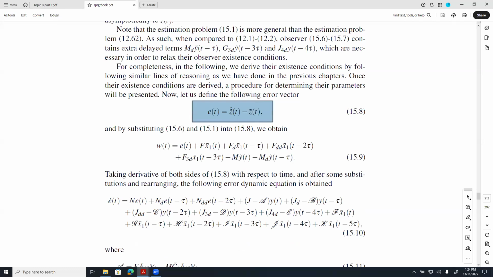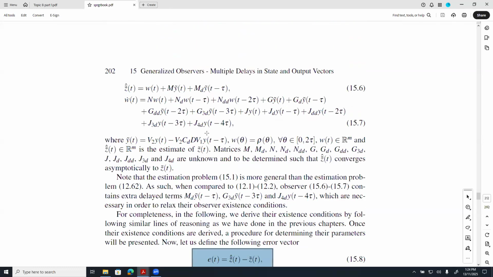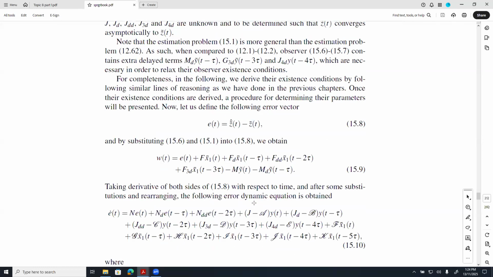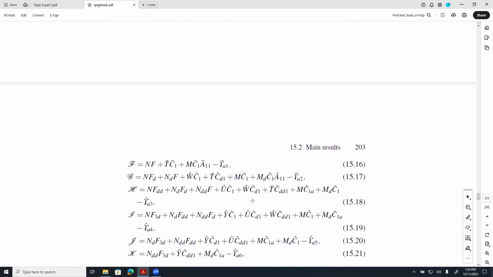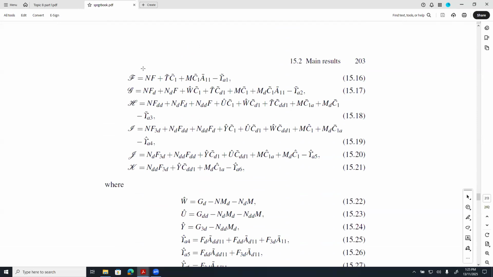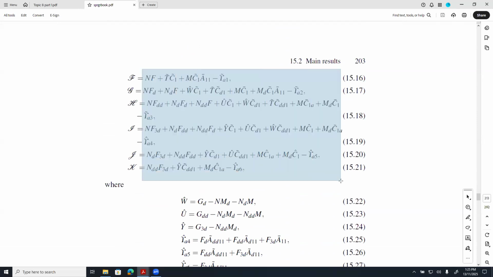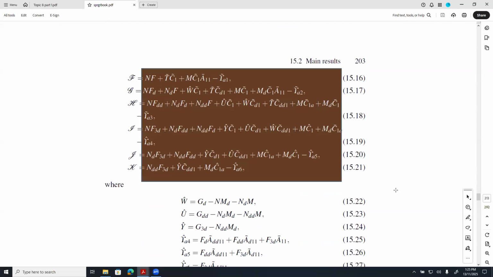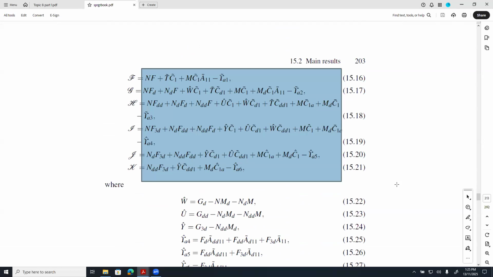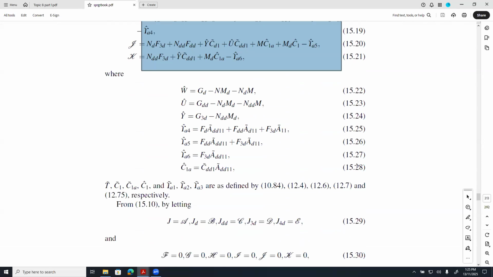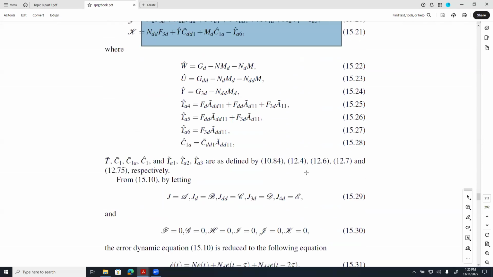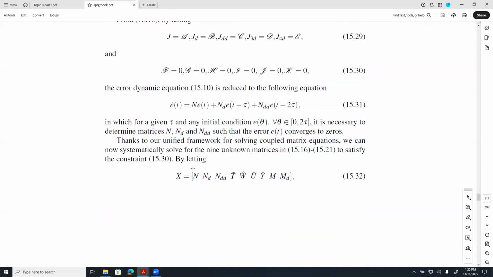We take the differentiation and we propose the structure, and then we fit that in, and then we arrive at the 6 matrix equations. So you see that it's actually a bigger matrix now.